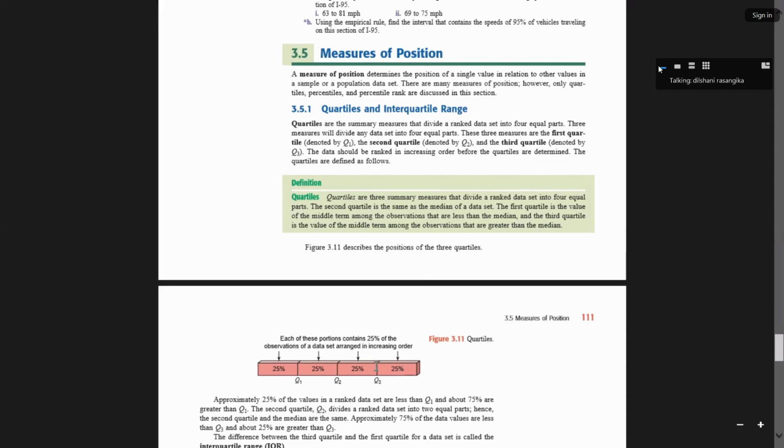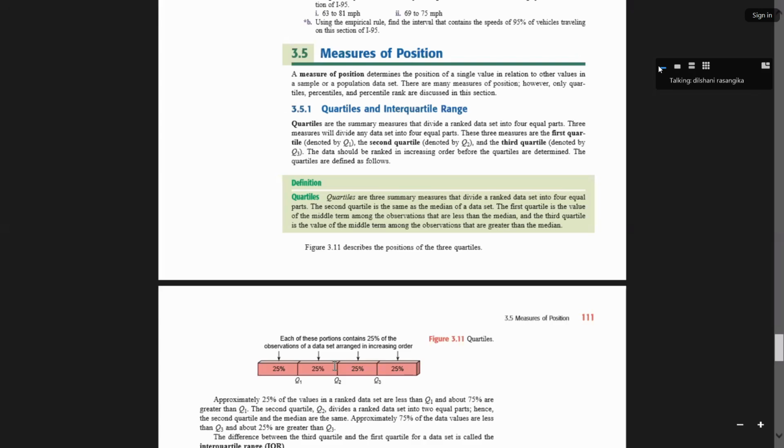So if this is the data set, then if we take the middle position of the data set, that means the whole frequency divided by 2 gives us the middle position. Then the data at that middle position is the median of the data set, right? So it is the second quartile also, Q2, right?